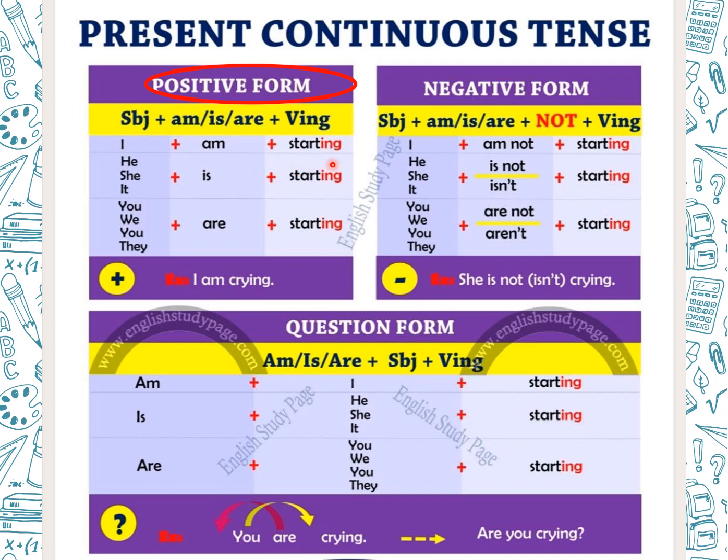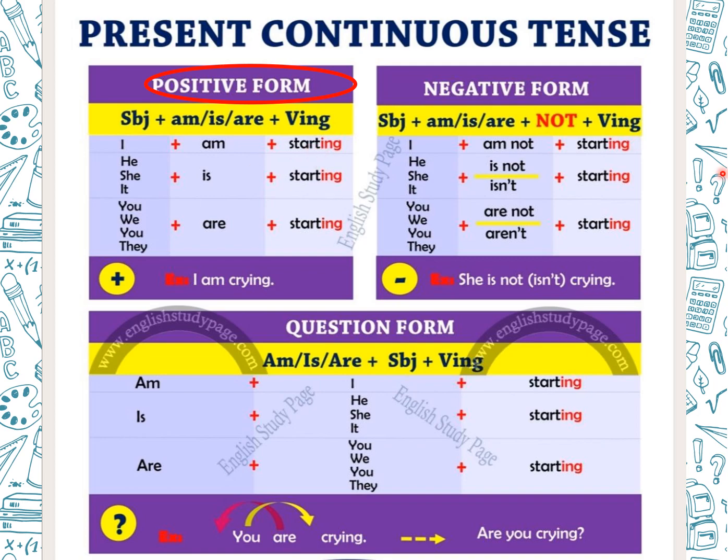We call this term gerund, G-E-R-U-N-D. Alright, so I am starting, he is starting, we are starting. Ingat itu je. Kalau am, is, are, partner dia kata kerja, dikekalkan verb tu cuma tambah ing.